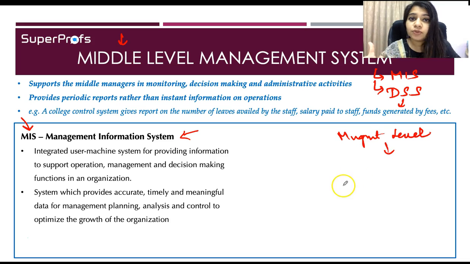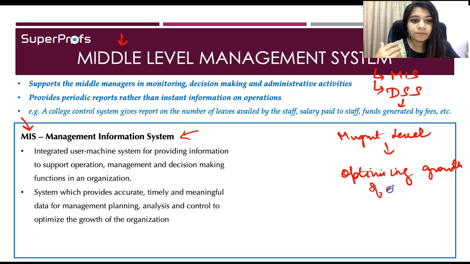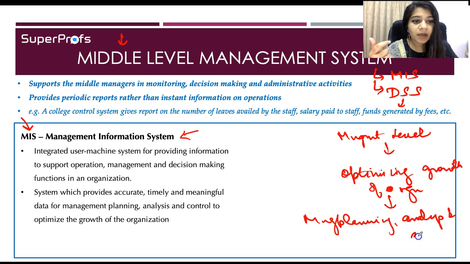What is it used for? Optimizing growth of the organization, right? How you will ensure that it happens is by management planning, analysis, and control.